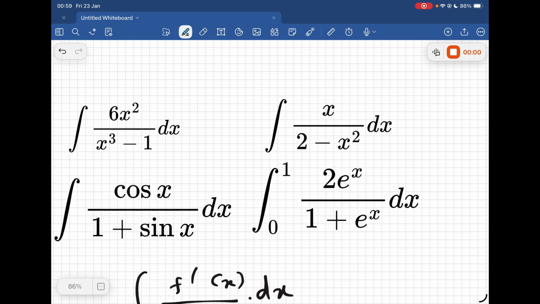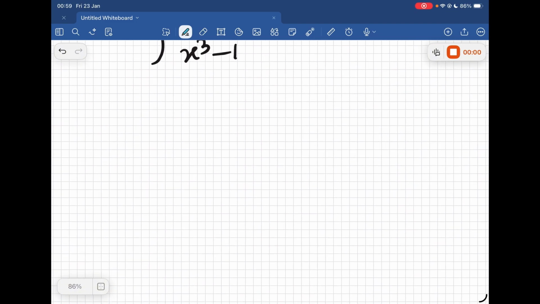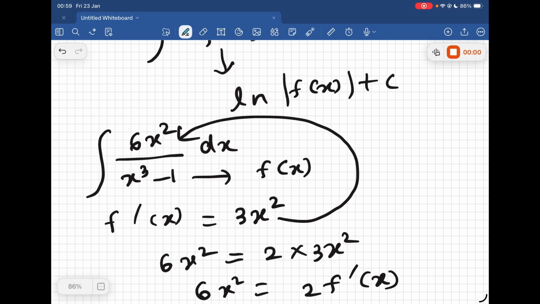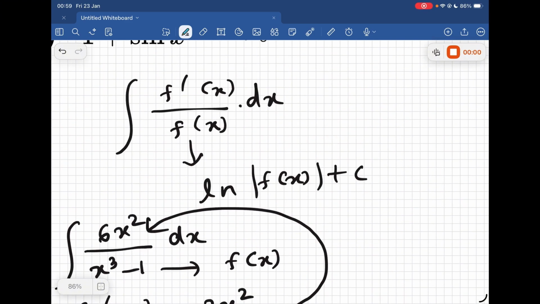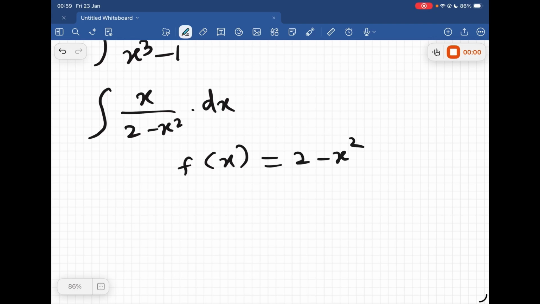Let's try to understand the second question, which is the integral of x over 2 minus x squared. First we have to identify the denominator, which is 2 minus x squared.